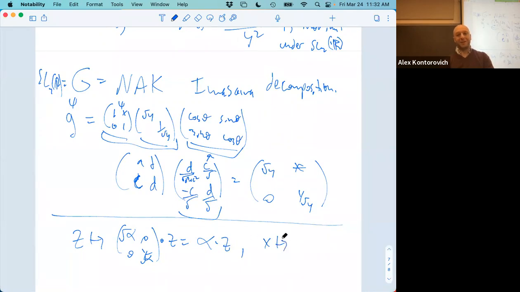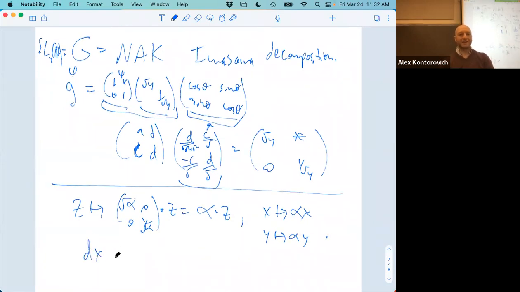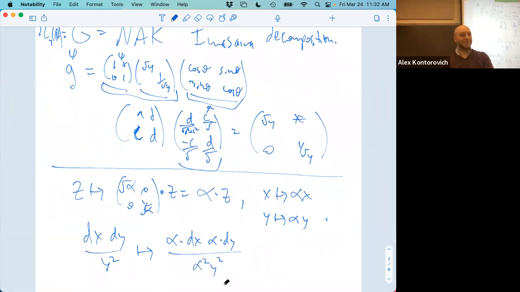X gets multiplied by alpha. What about y? Y gets multiplied by alpha. So dx dy over y squared becomes alpha times dx, alpha times dy, and I get 2 alphas in the bottom. Okay, so this is invariant.